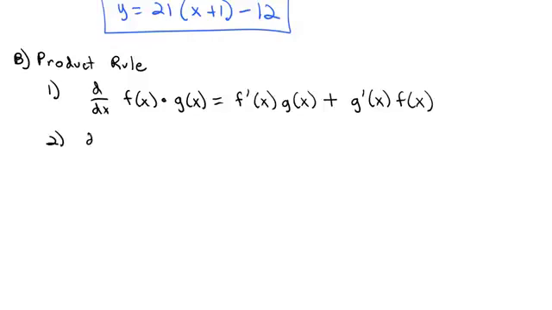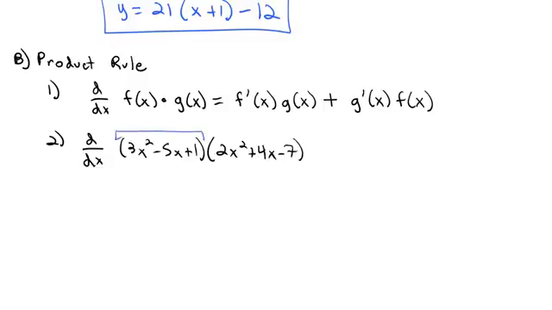So for example, if I wanted to take the derivative of 3x squared minus 5x plus 1 times 2x squared plus 4x minus 7, we've got two individual parts.